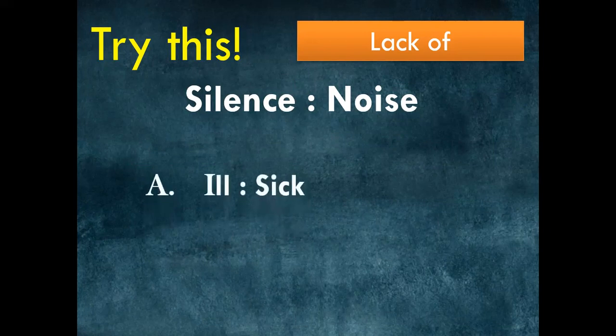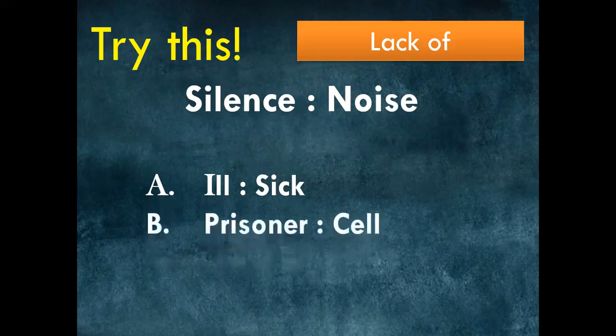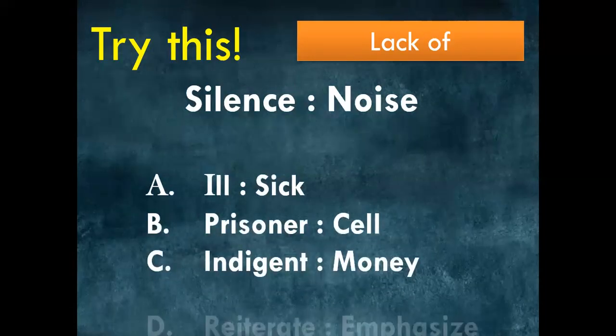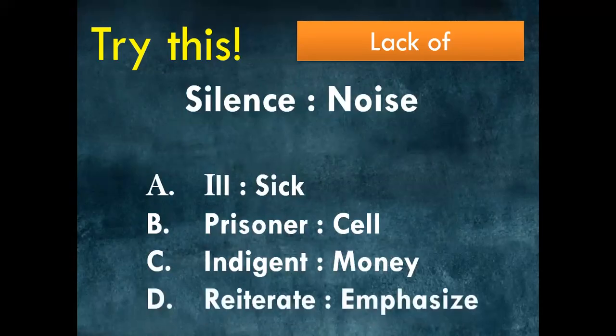Is it A, ill is to sick? Prisoner is to cell? Indigent is to money? Reiterate to emphasize? The correct answer is, let's analyze first. When you are ill, you are also sick. So the relationship of ill and sick would be synonyms.